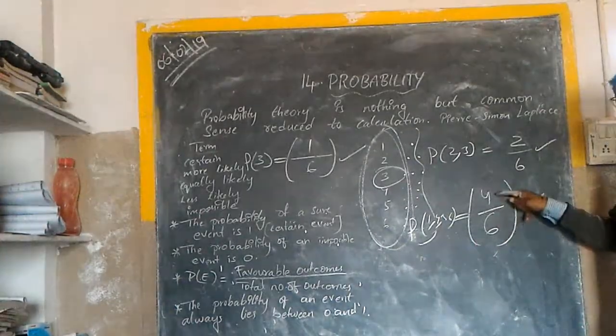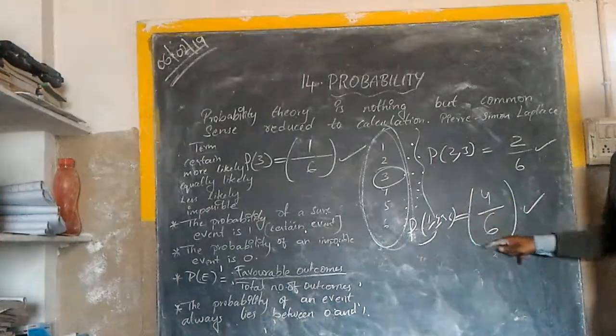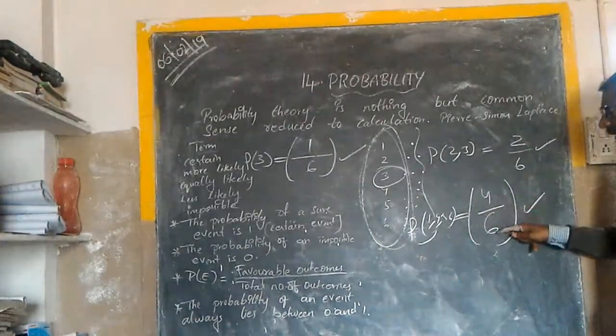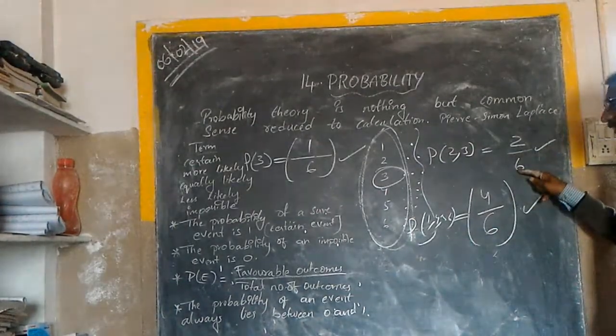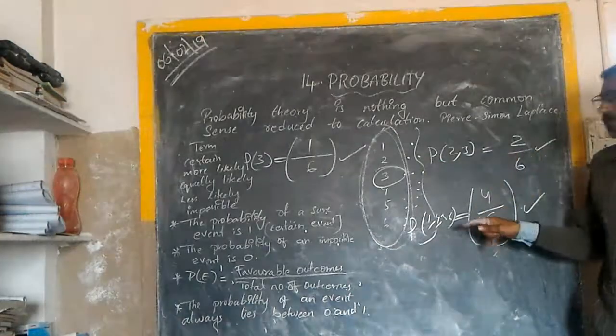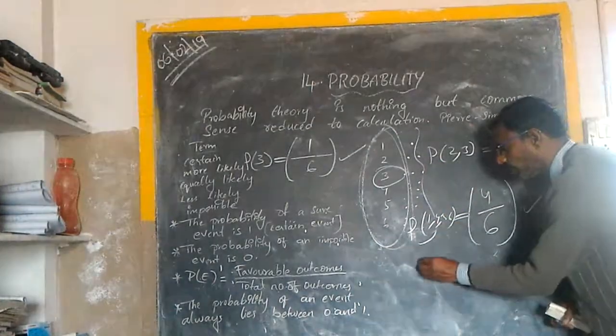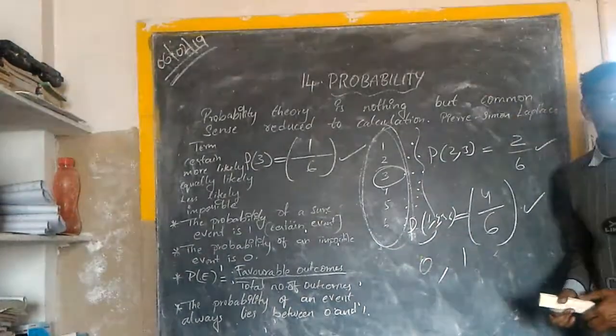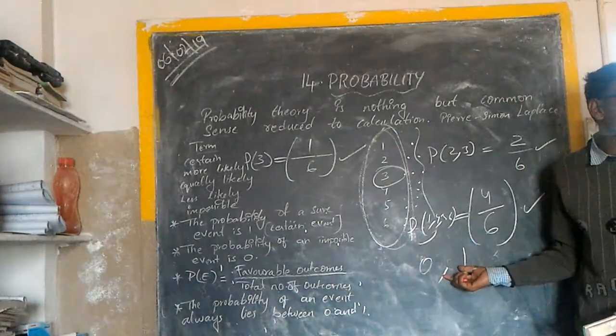That means you are doing some division here. You are applying some calculations. 4 by 6 gives something and 2 by 6 gives something. Those lie between 0 and 1 only. Probability lies between 0 and 1.